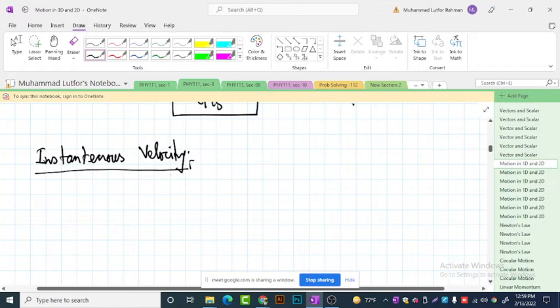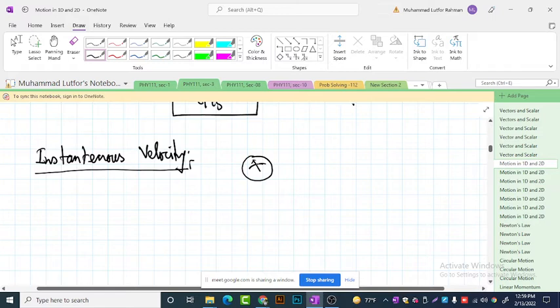Alright, so instantaneous velocity. Instantaneous velocity is actually the velocity at a particular time. Say if you drive your car, in your car there is a speedometer, right? If you ride or drive your car, you will find that the speedometer is an indicator that moves back and forth.